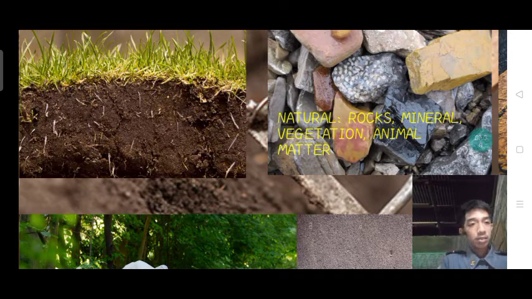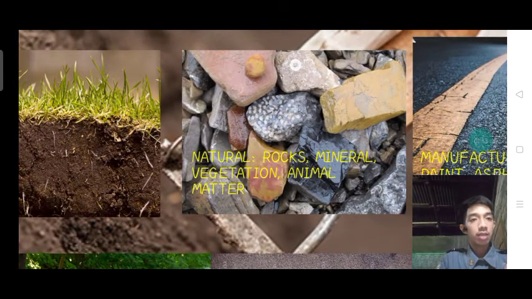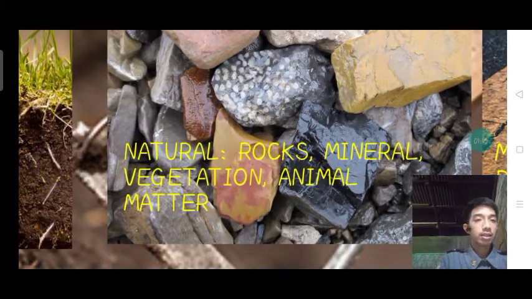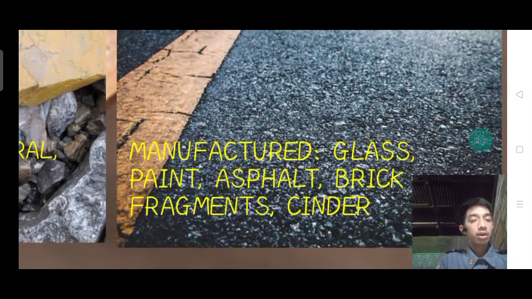Sa forensic definition naman ng soil, any disintegrated surface materials like natural and artificials that lies on a near of Earth's surface. So, dito, sa natural, meron tayong tinatawag dito na rocks, mineral, vegetations, animal matter. Sa artificial naman, or manufactured, meron tayong tinatawag ditong glass, paint, asphalt, brick fragments, and cinder.